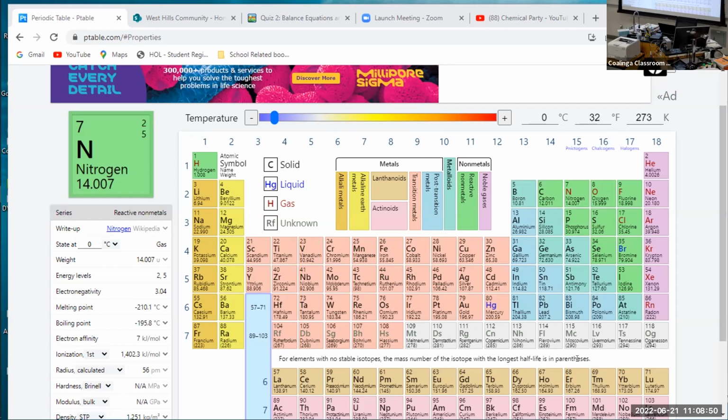Okay, these guys are called transitional metals. Transitional metals are like the hot messes of metals, right? Transition basically means change. So instead of having a normal set charge associated with them, they're able to change their charge. That's part of the reason why they're hot messes.